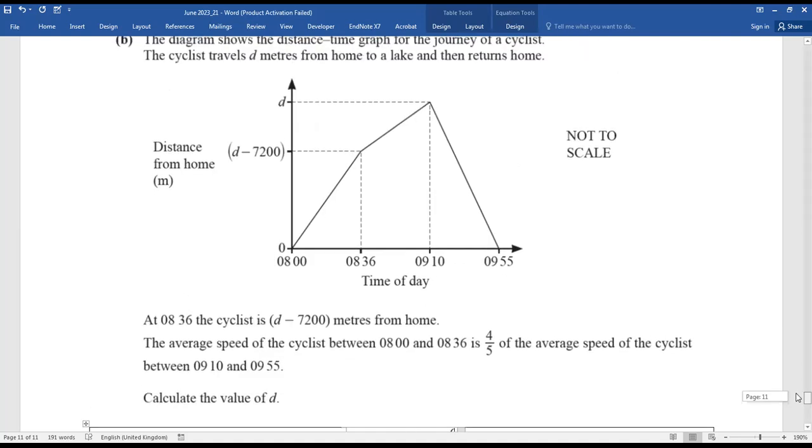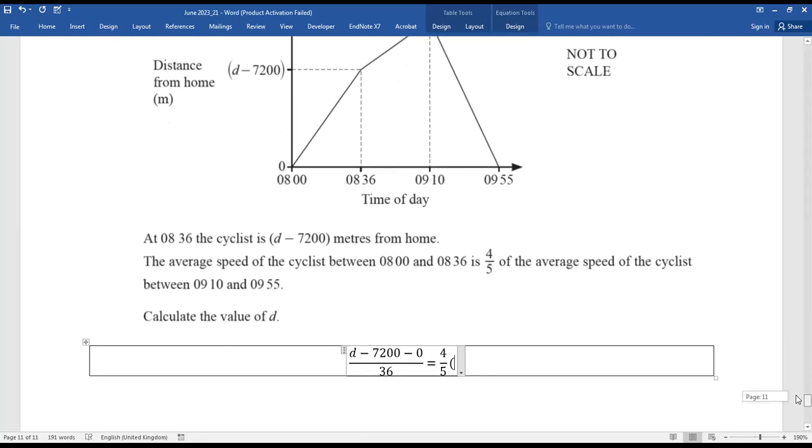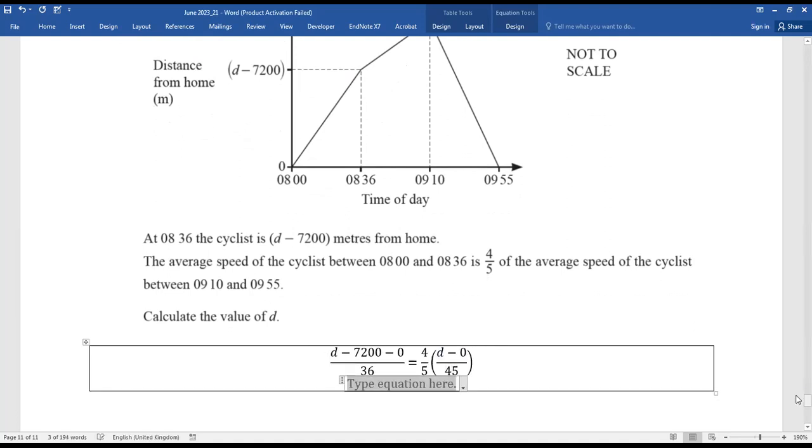Now, what is the average speed over here? y2 minus y1, which is d minus 0, upon, I can take minutes over here, 45 minutes. So d minus 7,200 upon 36 is equal to 4/5 into d upon 45.